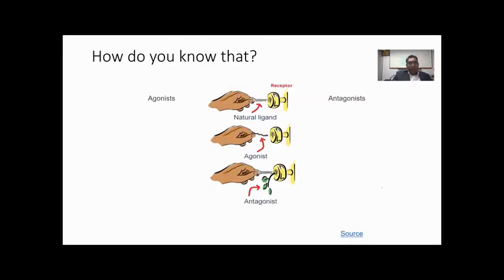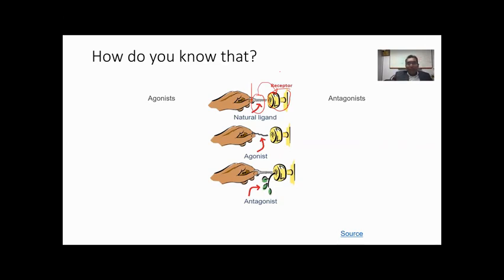Now, to see how agonists and antagonists work, think of the neurotransmitter itself as a key, and the receptor site on the postsynaptic neuron as a lock. There's always a one-to-one specific connection between a given receptor and its neurotransmitter. Not all neurotransmitters can fit in all receptor sites; only specific kinds of neurotransmitters fit specific kinds of receptors.